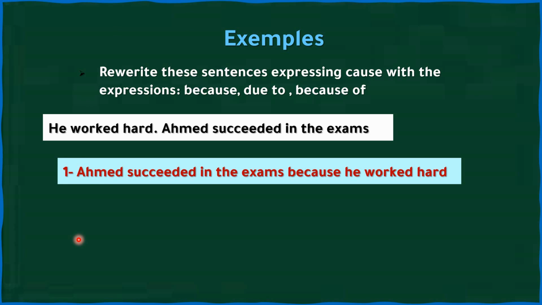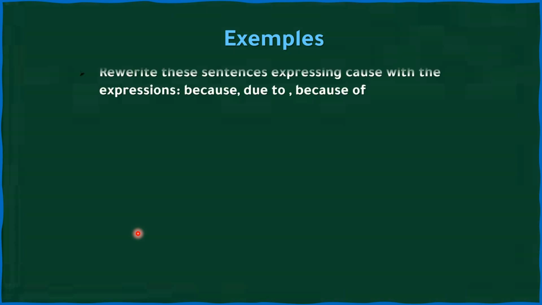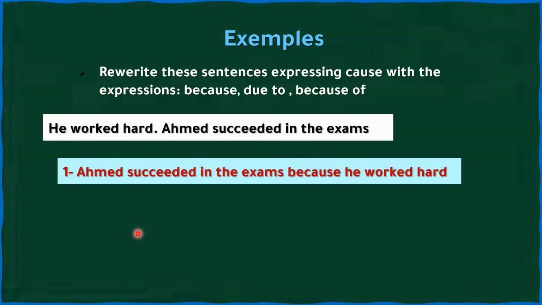Okay. Due to. Look at it. Due to is different from because. Totally different. So what can we say? Due to is different from because. Why? Because due to is preceded by a gerund or a noun. So what can you say?